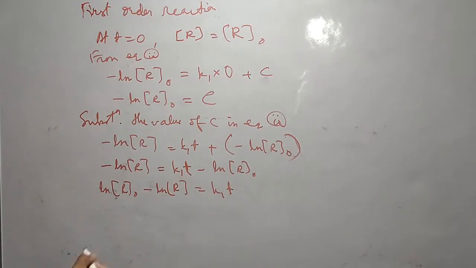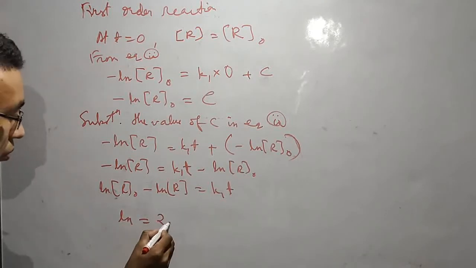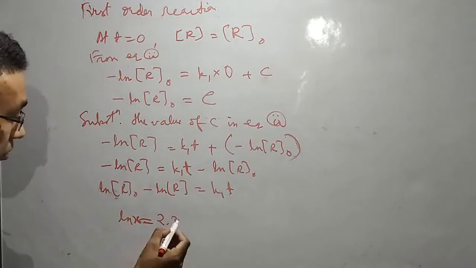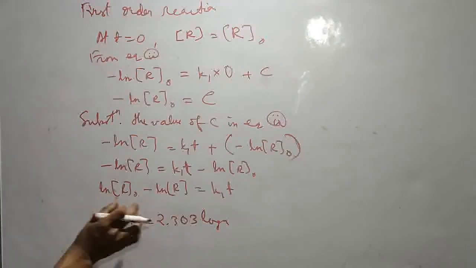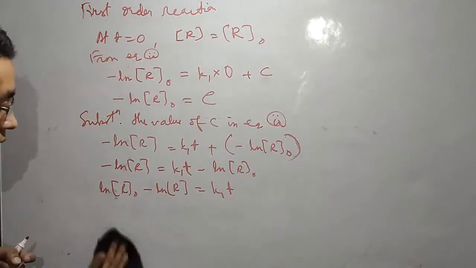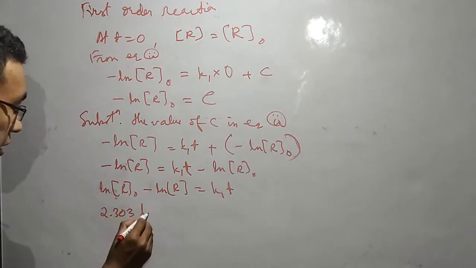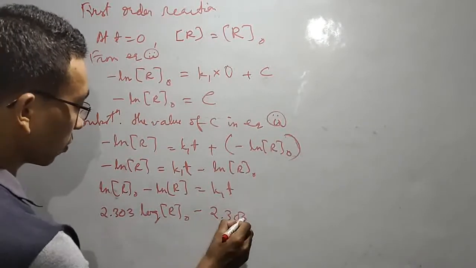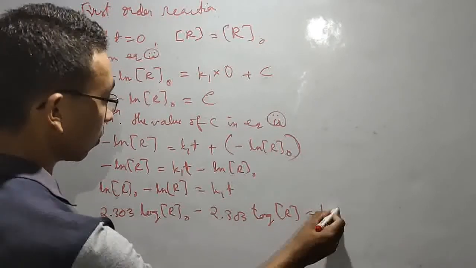Now the next one: we know that ln of any function, ln x, is equal to 2.303 log of x, so we shall change this ln into the form of log. Then we get 2.303 log R naught minus 2.303 log R is equal to K1 t.